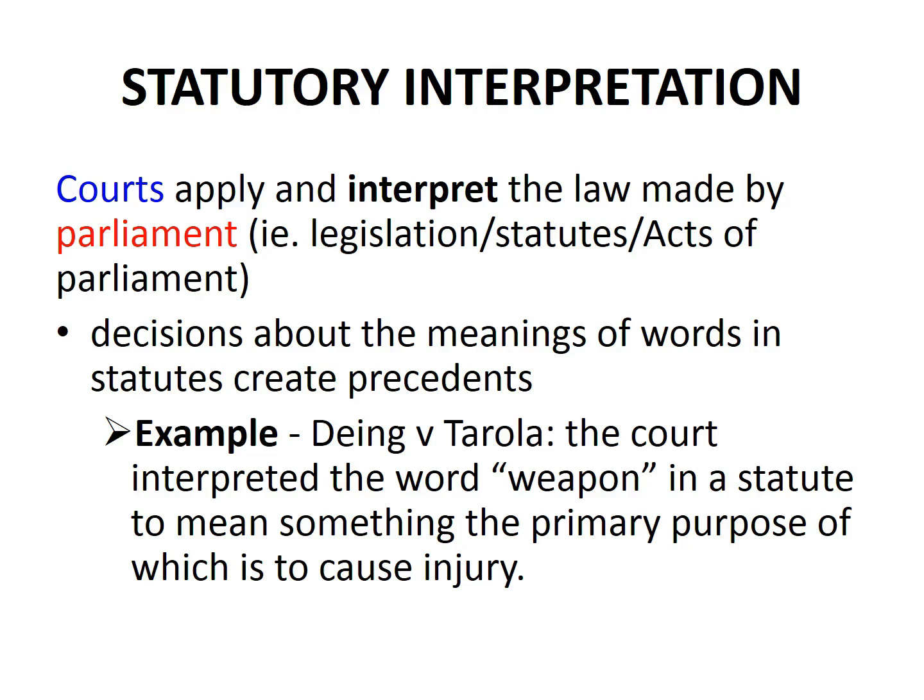But the meaning that the Supreme Court gave to the word weapon is also a persuasive precedent for higher courts in the Victorian court hierarchy, such as the High Court, and for courts in other court hierarchies. For example, where the New South Wales Supreme Court is interpreting a statute that also includes the word weapon.